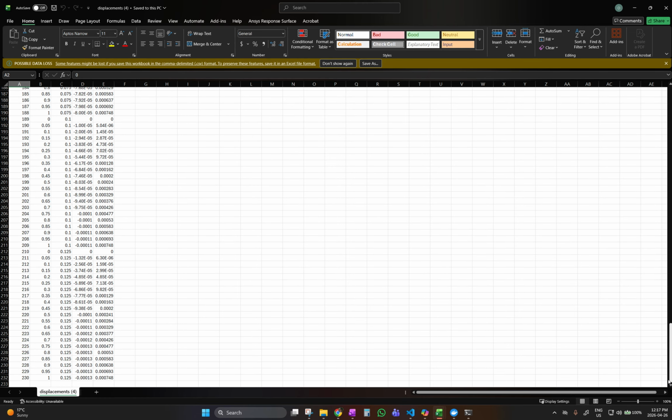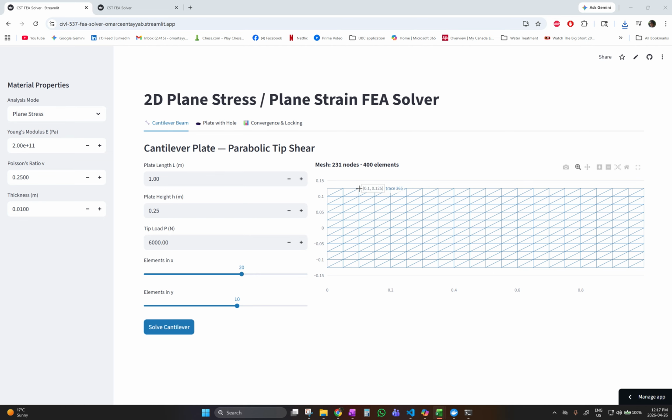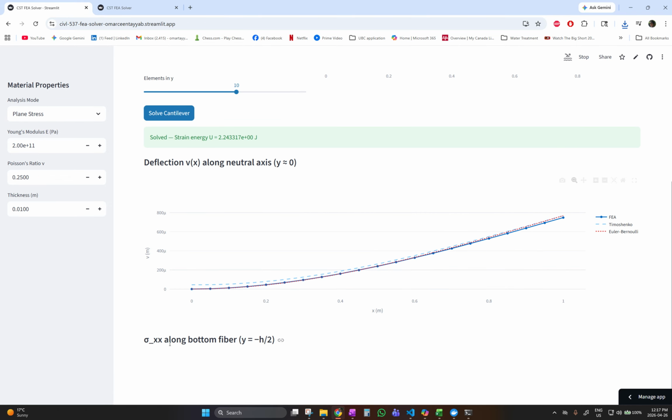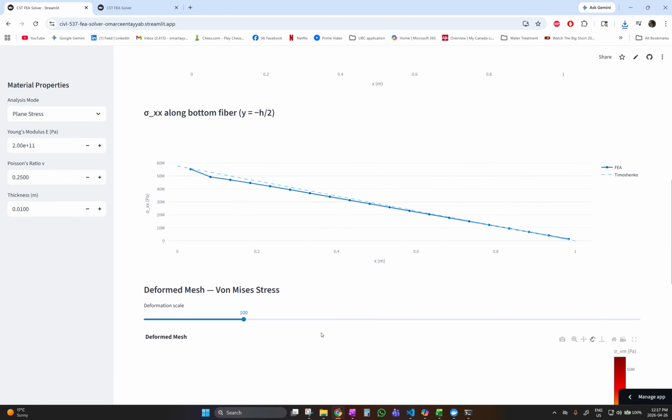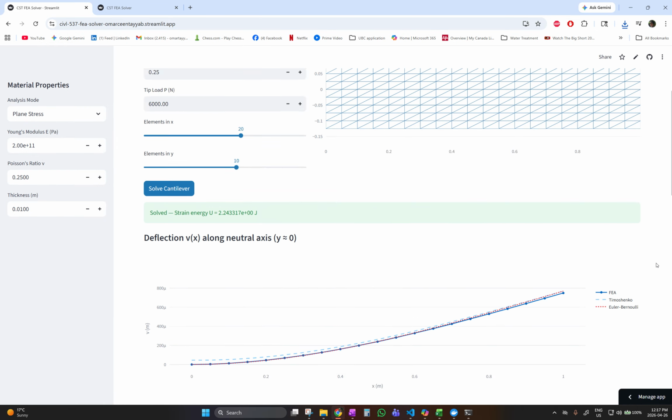So now I have 231 nodes, and then x equal to zero. These are the undeformed state, and this is the deformed state. We could potentially add another deformed mesh versus undeformed mesh, but it's not strictly necessary because the contour plot captures it fairly well.